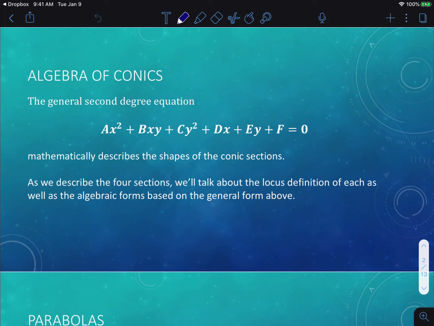As we describe these 4 sections, we'll talk about the locus definition of each, as well as the algebraic forms based on the general form above.